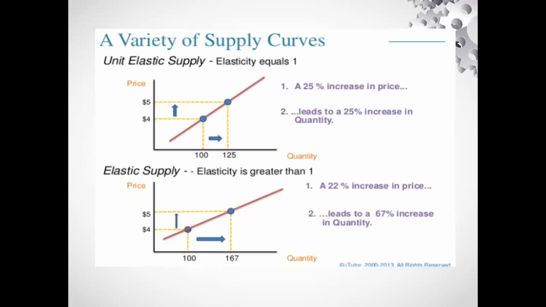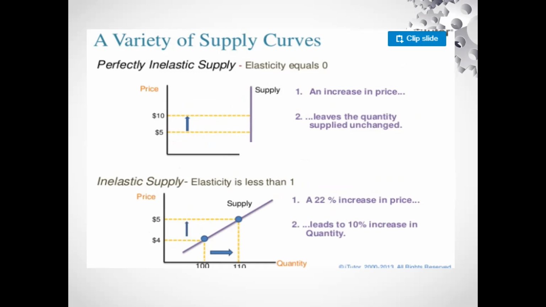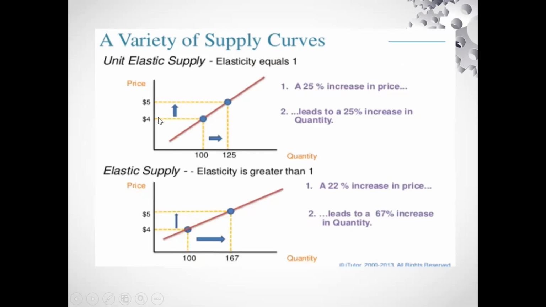Next is unit elastic supply, where a 25% increase in price leads to a 25% increase in quantity. This is a normal curve. With this unit elasticity, the price and the quantity supplied go along a normal curve.